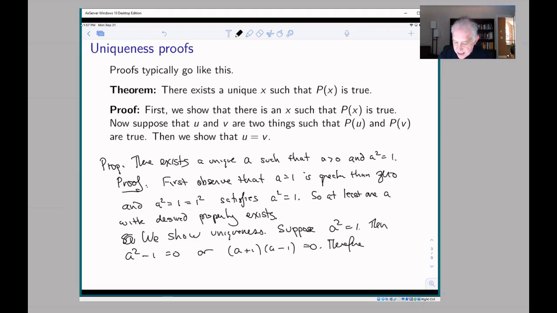Therefore, a equals plus 1 or a equals minus 1. If a is bigger than 0, then a equals plus 1 is the only solution. So we've shown that not only is plus 1 a solution, but it's the only one.